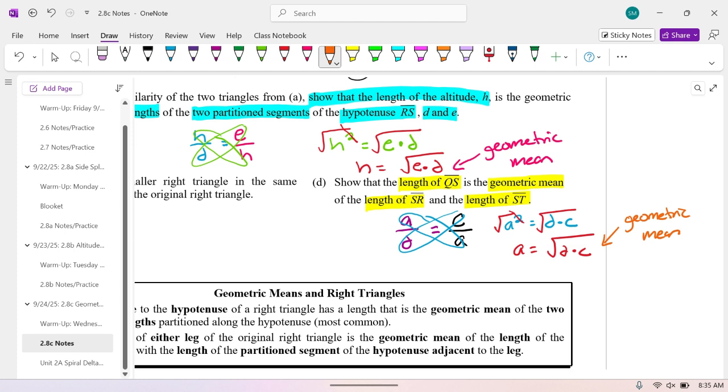Now, why did we do all that? It's to explain the next part, which is essentially how we find the shortcut for the altitude hypotenuse relationship. So this relationship will let us take what we need without having to separate out the triangles.